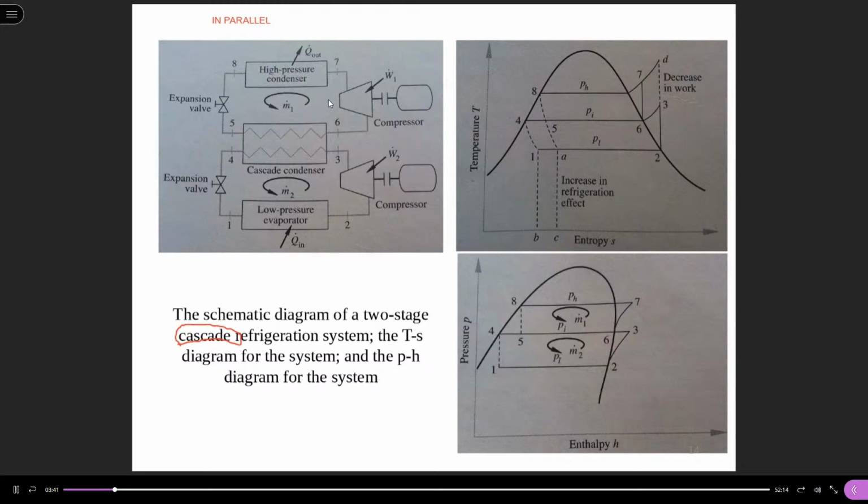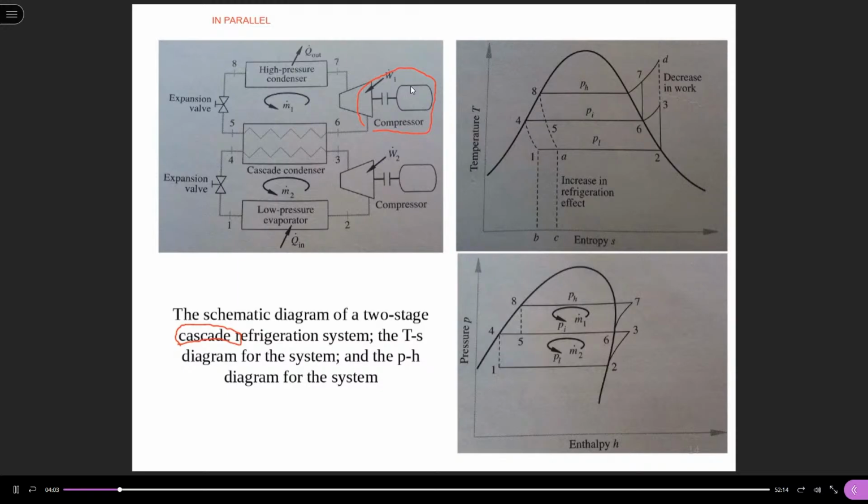Firstly, we can see there are two stages of compressors, maybe we call them the low pressure compressor and the high pressure compressor.